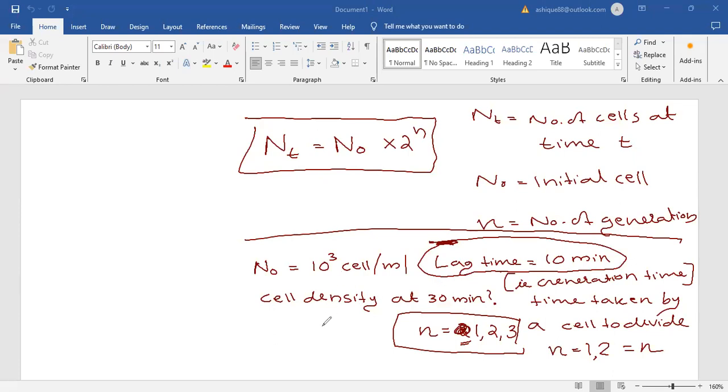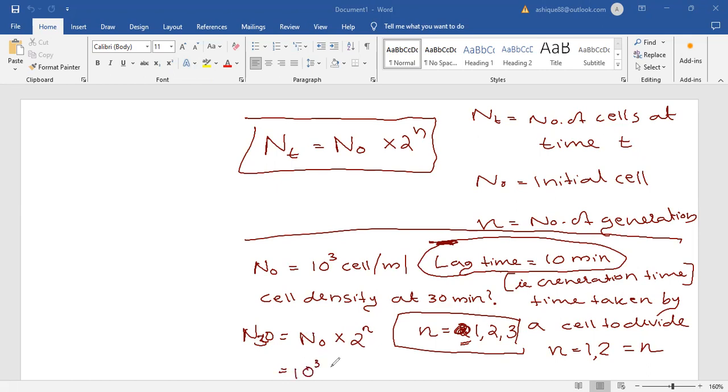So now find out the answer. We have to find out NT, in the sense N30. N30 is equal to N0 into 2 raised to N. The value is already given, N0 is equal to 10 raised to 3.